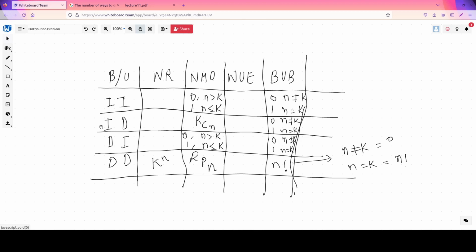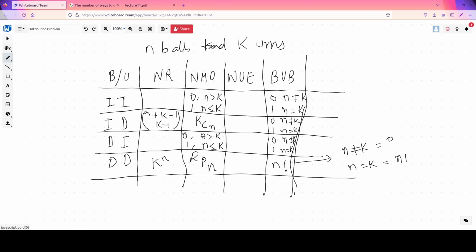So we have identical balls and distinct urns, and there is no restriction. We know this can be done. So we have n balls, I'll just write it here so that it's easier for you to remember, and k urns, right? So that can be done via n plus k minus 1 choose k minus 1, and this is the combination.